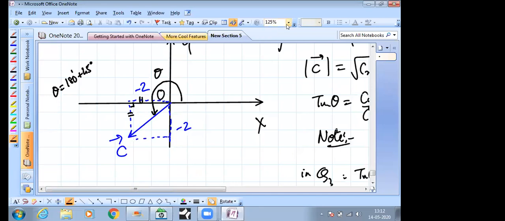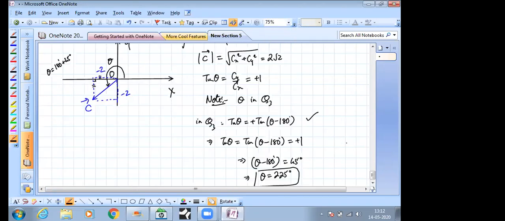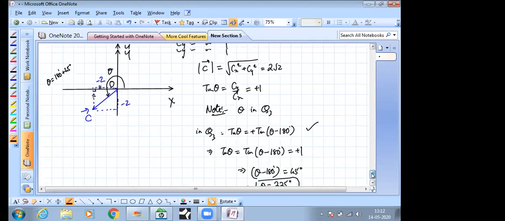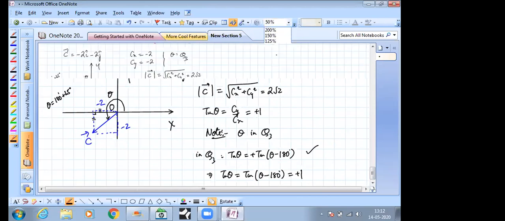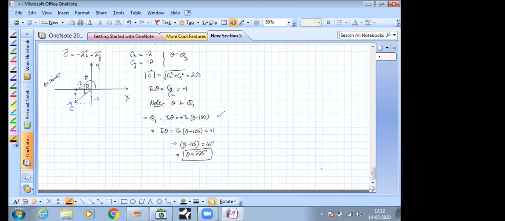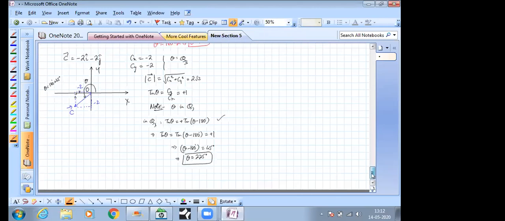That's the advantage of drawing the diagram. It makes it very easy to directly understand without getting into so much technicality of trigonometry. And also you can avoid mistakes. If you just visualize the diagram once before working out the angle, you can avoid mistakes of quadrant.